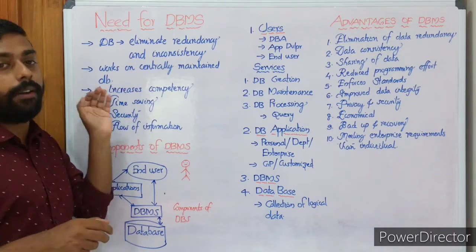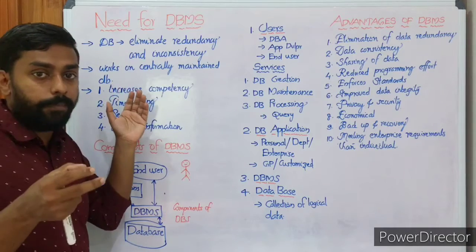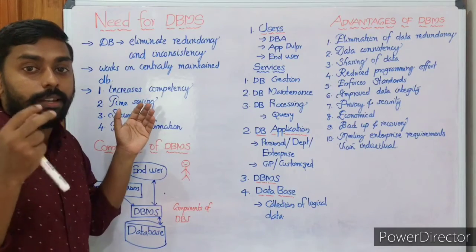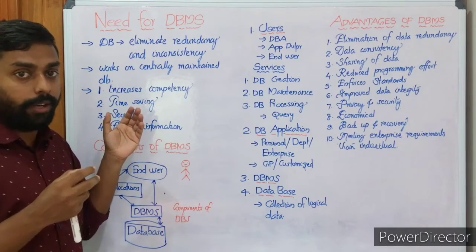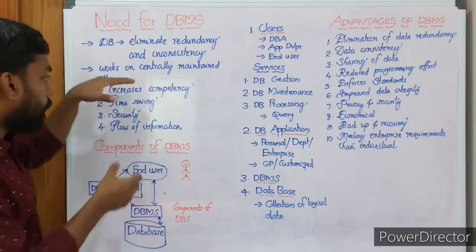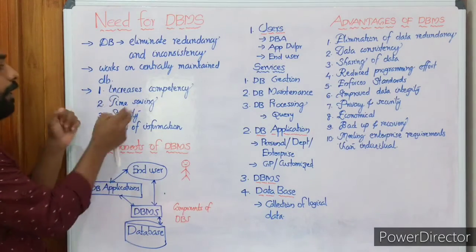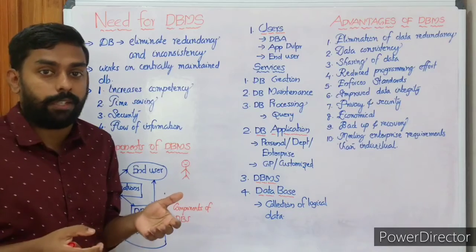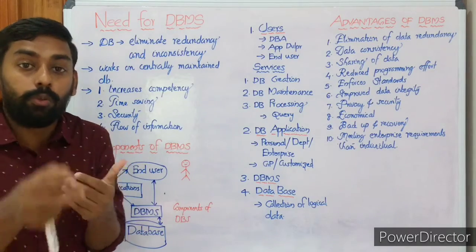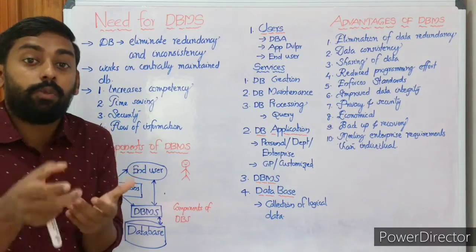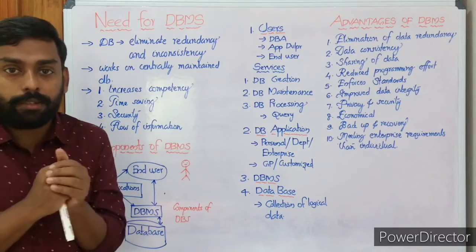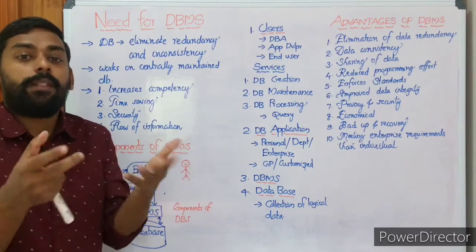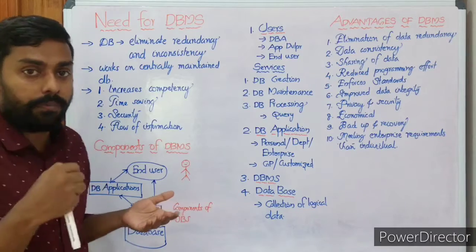Then it works on a centrally maintained database. A database management system works on a centrally organized system or machine, right? Then these are some of the points. It increases competency and productivity, and improves the way we perform things, or simply, it improves the productivity of the software.